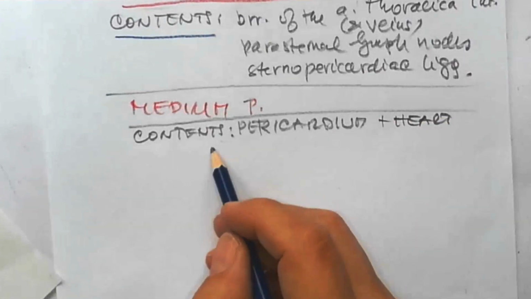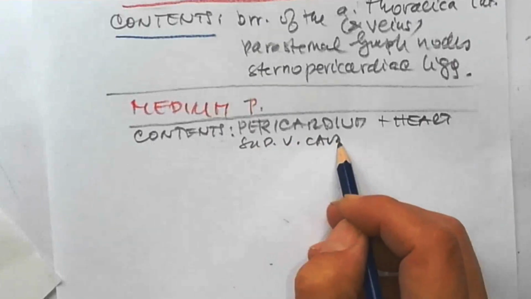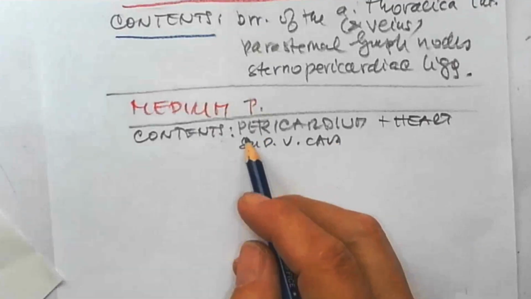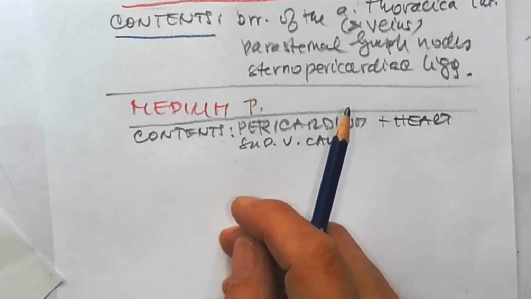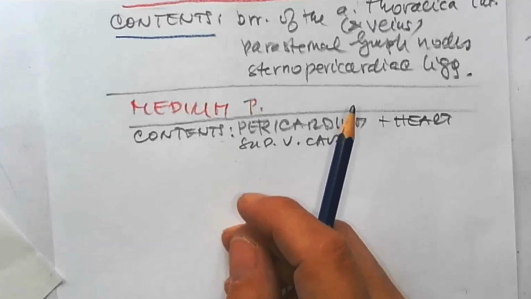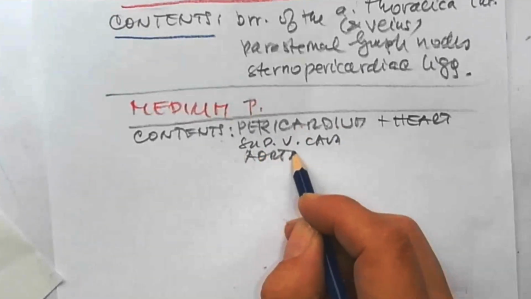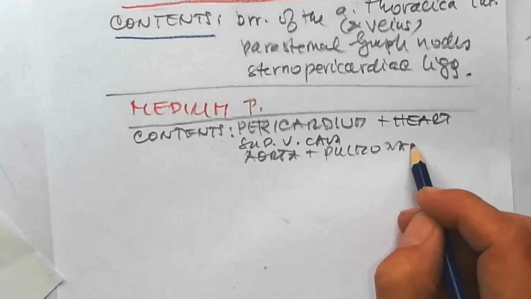Then vessels, superior vena cava must be. Then origin of aorta, because also the aorta must be there. Pericardium, superior, pulmonary trunk, aorta, of course, aorta plus pulmonary trunk.